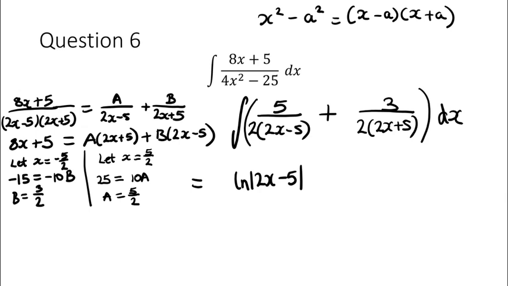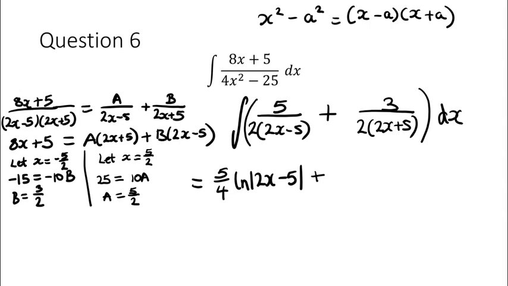So we'd have to times that by a half so that we can get 1 on the top. But we don't have 1 on the top here, we have 5 over 2. So we're going to times by a half, basically the 1 over the coefficient in front of the x, and then times by our constant that we've got there already, the 5 over 2. So 5 over 2 times a half gives us 5 over 4.